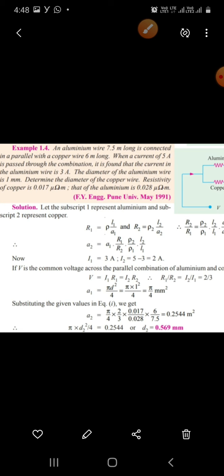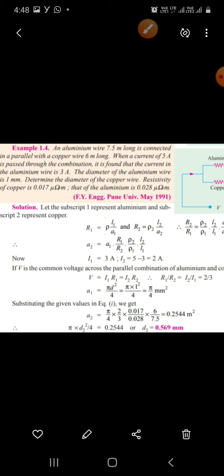When a current of 5 ampere is passed through the combination, it is found that the current in the aluminum wire is 3 ampere. The diameter of the aluminum wire is 1 millimeter, and determine the diameter of the copper wire. Resistivity of copper is 0.017 micro ohm meter, and that of aluminum, the resistivity is 0.028 micro ohm meter.